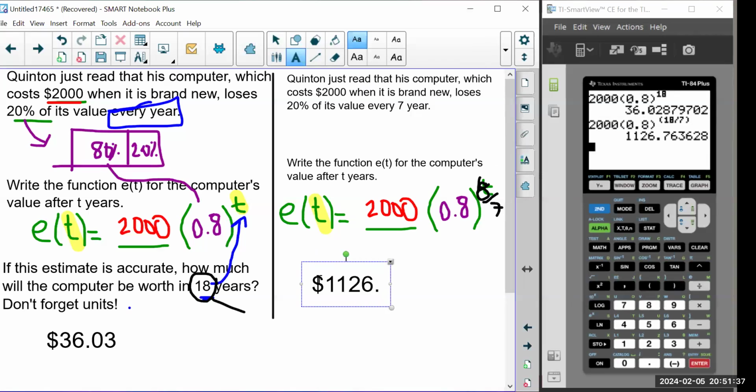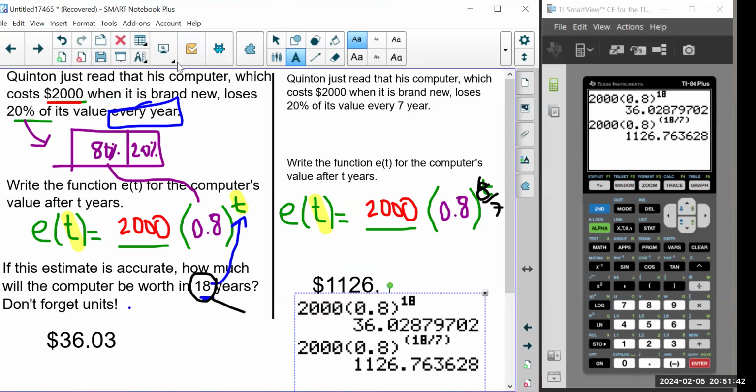And still I'm going to the second decimal place. The third decimal is a 3, so the 6 stays. My final amount with my dollar sign in the front is $1,126.76.